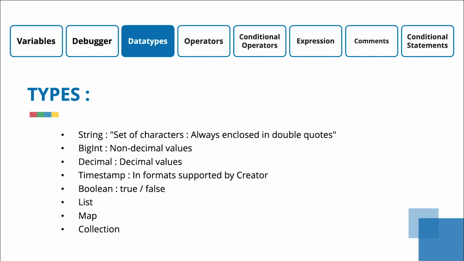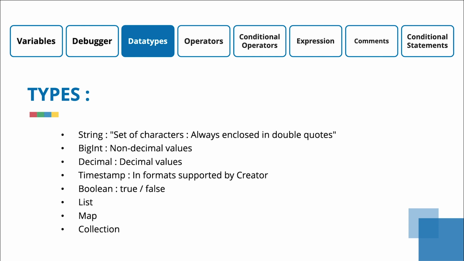The next one is big int, which is for big integer values. If you go back to high school mathematics, any number that does not have a decimal point associated with it, regardless of whether it's negative or positive, is an integer, and those are recorded as a big int data type. Then we have decimal.